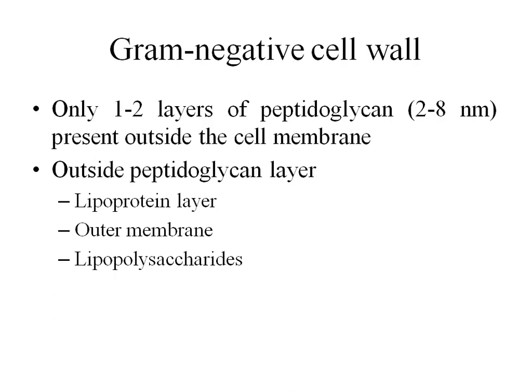Otherwise, the cell wall of the gram-negative bacteria is large with respect to the lipopolysaccharides in the cell wall. Now we'll see that outside the peptidoglycan layer there is a layer of lipoprotein, an outer membrane, and also the lipopolysaccharides.